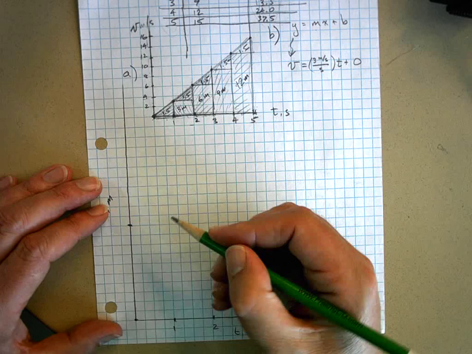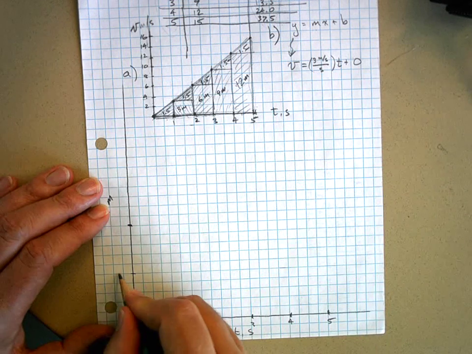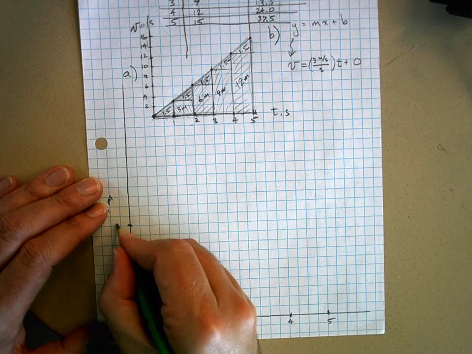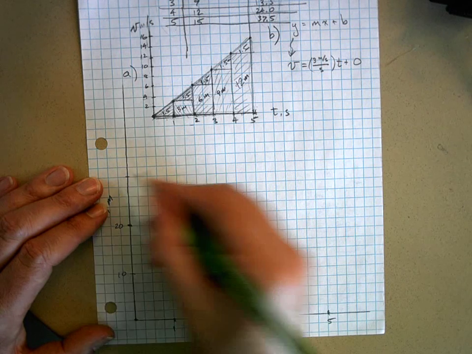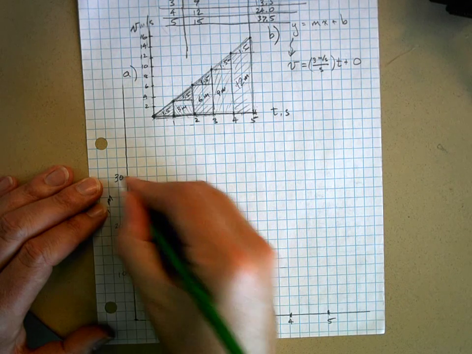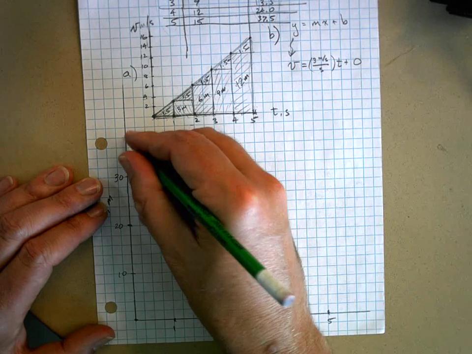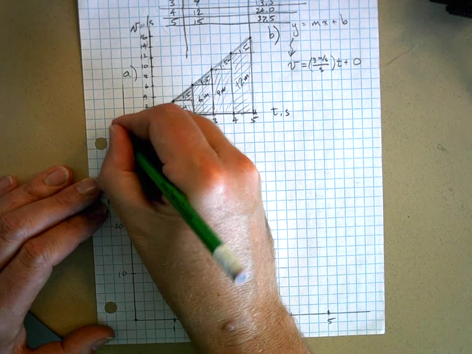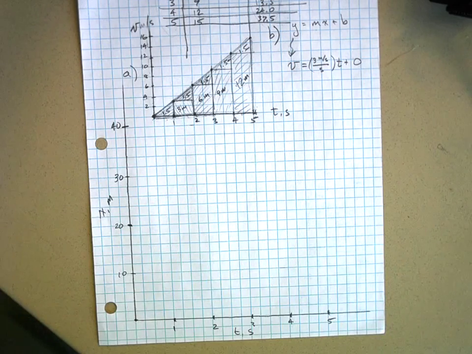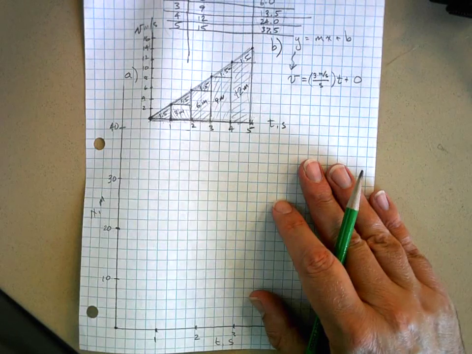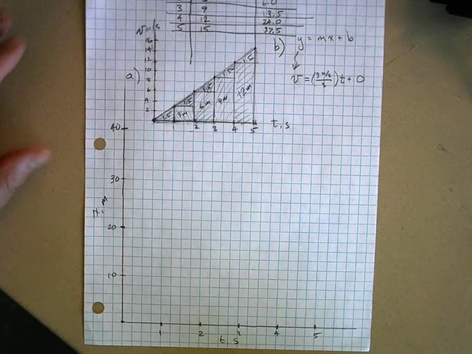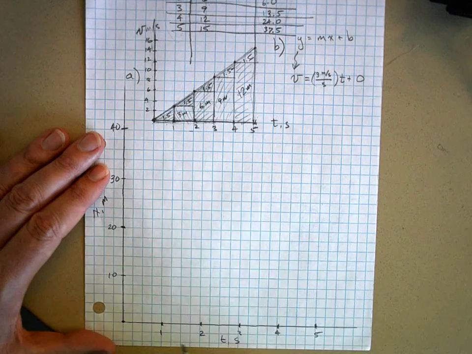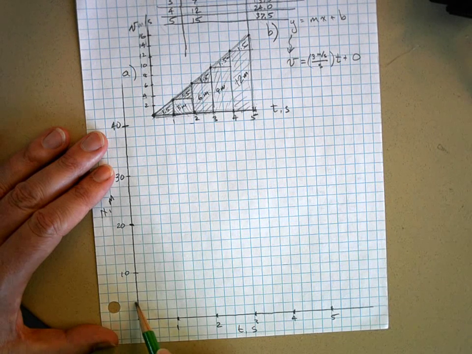I'll make that 20. I'll make this 10, 20, 30, 40. See, now it'll fit really nice on there. And this is a skill you'll develop. The more you graph, the more you'll get better at this. Now, each one of these is 2, 4, 6, 8, 10.